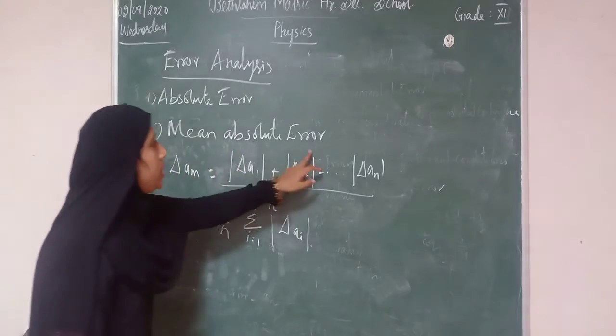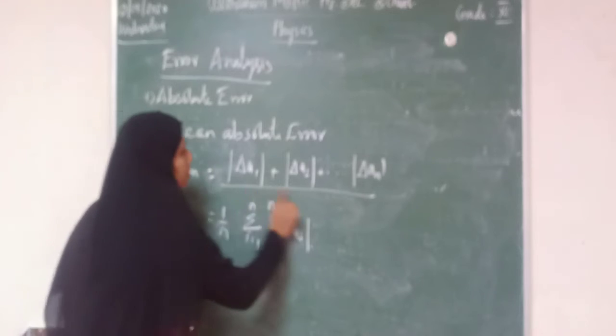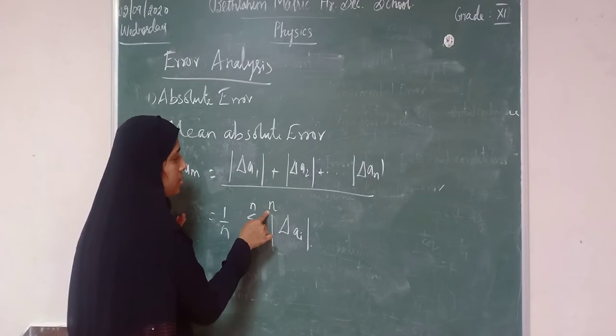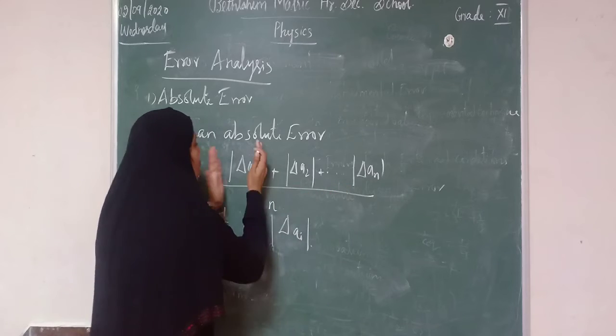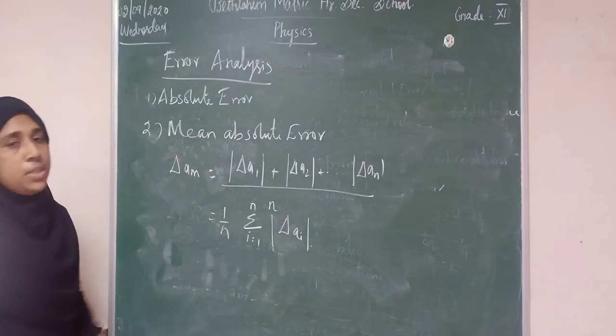So mean absolute error means taking the mean. Mean means adding all the quantities and dividing by the total number of trials. So taking the mean of all the absolute errors is known as mean absolute error.